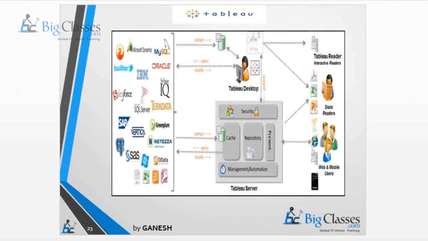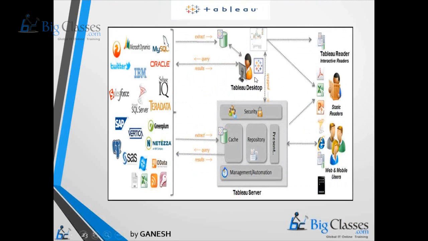Here, the Tableau Desktop is interacting with the respective sources, and I am distributing to Tableau Server, and from there to Tableau Reader, and via web as well as mobiles. Even Tableau Server can interact with the respective sources. But the biggest advantage of Tableau is that you can generate a Tableau report or dashboard even offline.